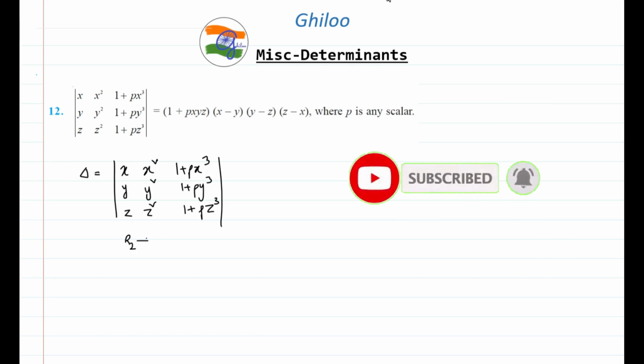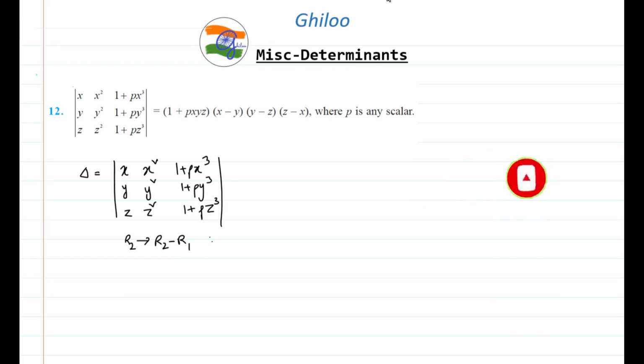We are applying R2 to R2 minus R1 and R3 to R3 minus R1, keeping R1 as the pivoted row. Now this will take our calculations to a much simpler level.